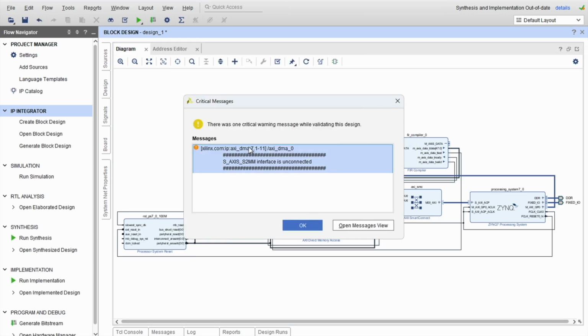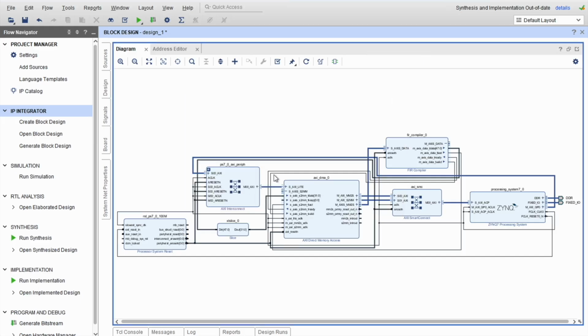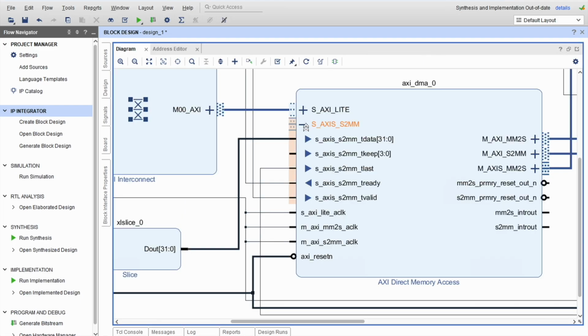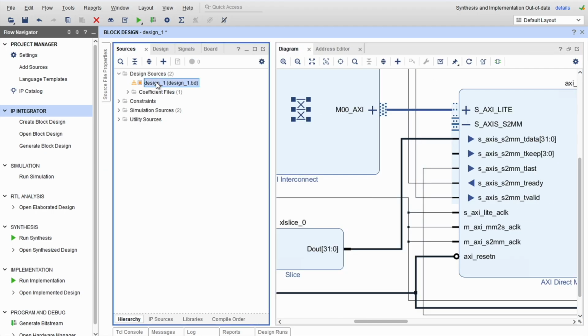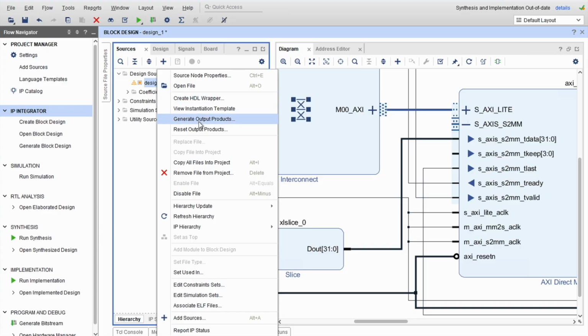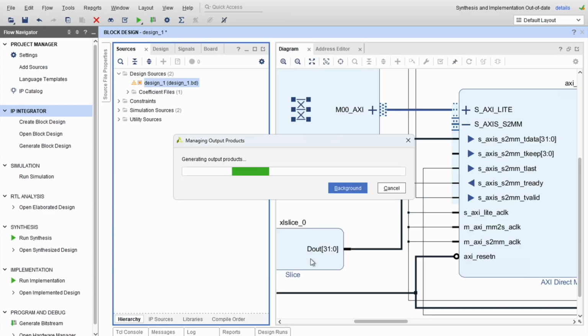As you can see, we find a critical warning that says S-axis S2MM interface is unconnected. This means that this particular interface is unconnected. But we have connected these signals individually, so there is nothing to worry about over here, and we can go ahead and ignore this warning. Next, let's generate output products.